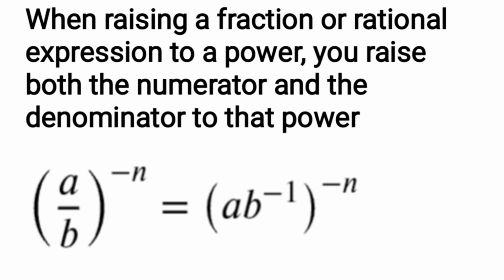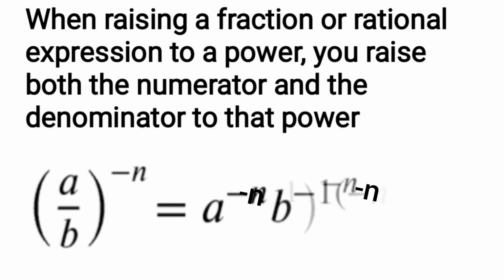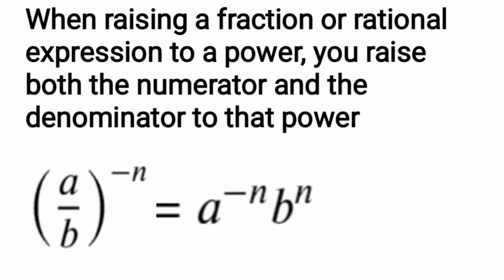So distribute this -n to a and b, so we have a to the power -n times b to the power -1 times -n, and -1 times -n equals positive n, so we have a to the power -n times b to the power n.